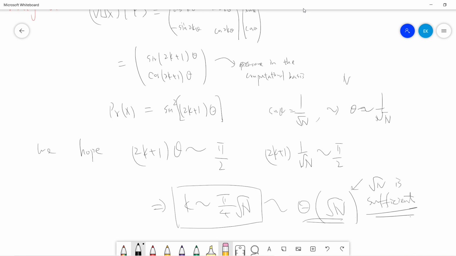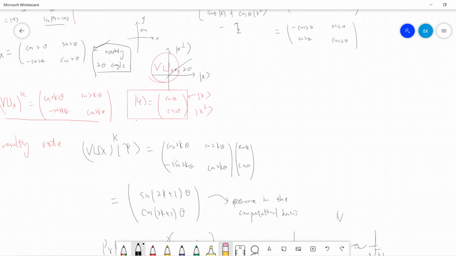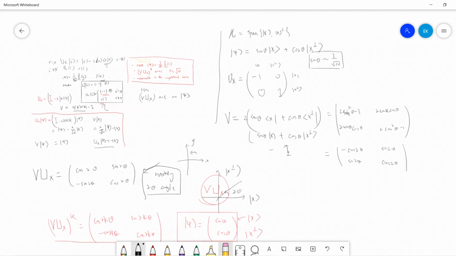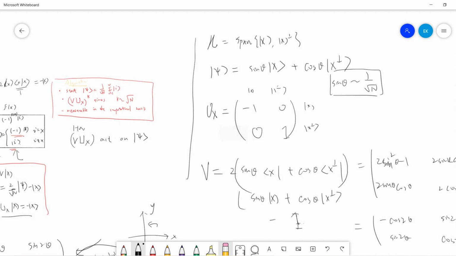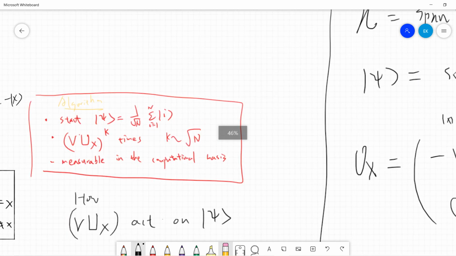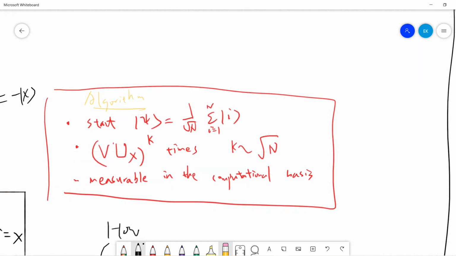Okay, so this is all the progress, all the simple calculation of Grover's algorithm. Actually, Grover's algorithm can be written as 3 lines. The first line is to write in the computational basis, then apply VUx k times, where k should be approximately square root of n, then just measure in the computational basis.